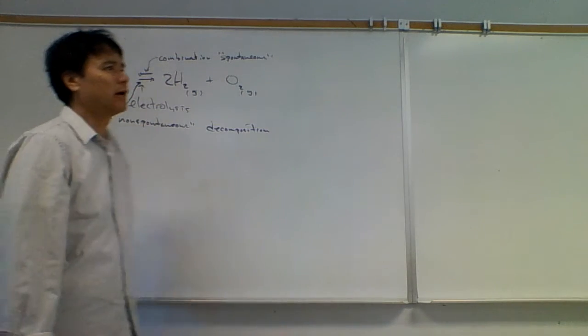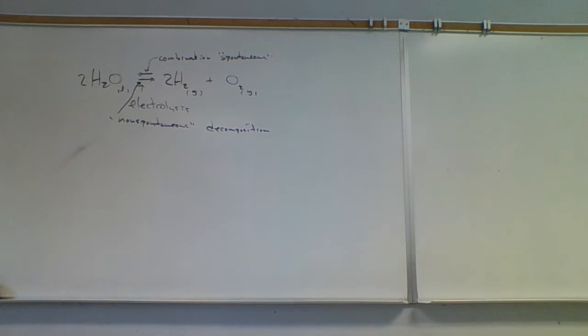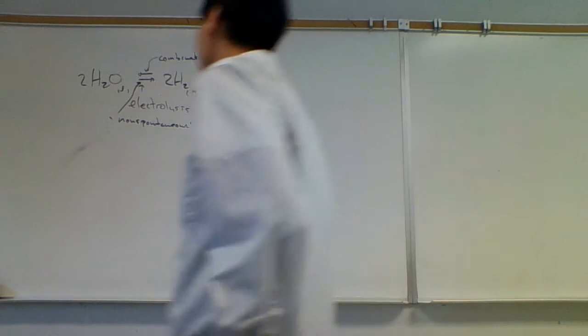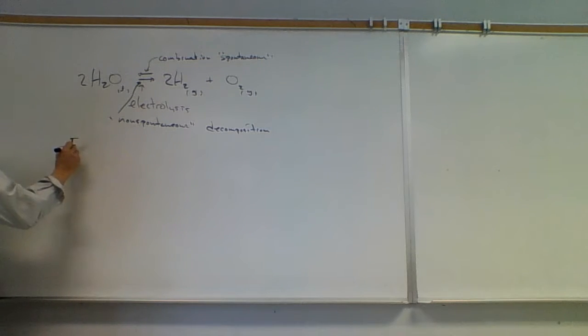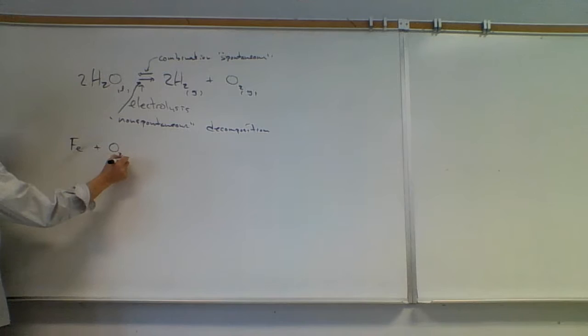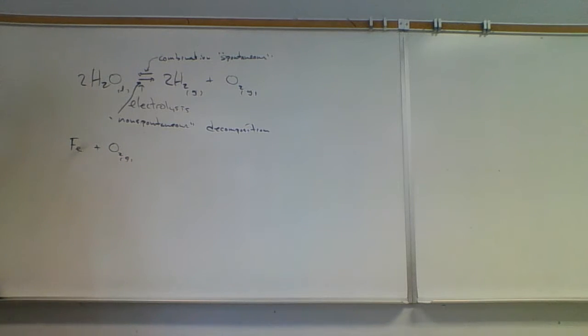So this is what we have here. And so you can see it. One way we form AX, the other way we break AX back into the elements. But we can figure out the compounds that we form typically, unless there's variable charge. So for example, iron and oxygen, O2 gas, can form different products.